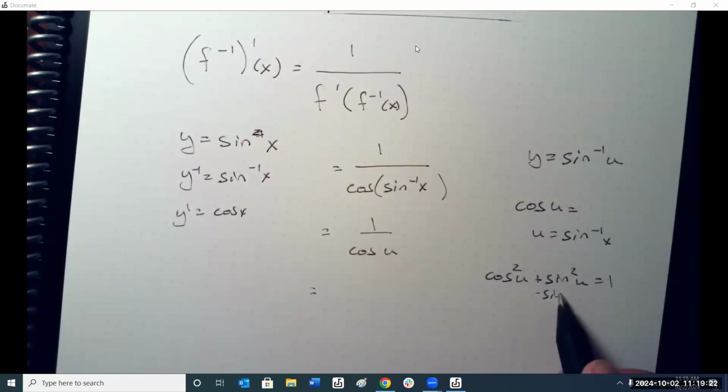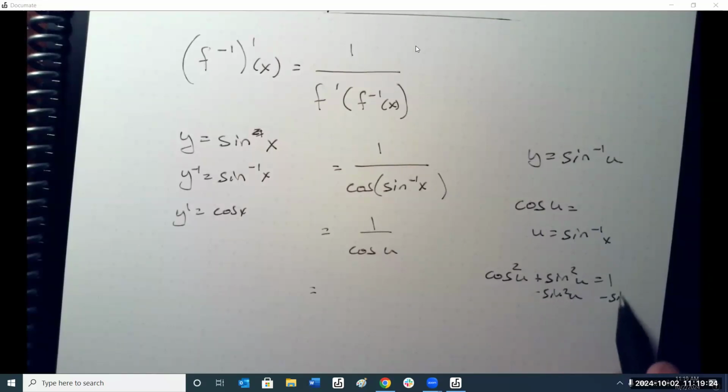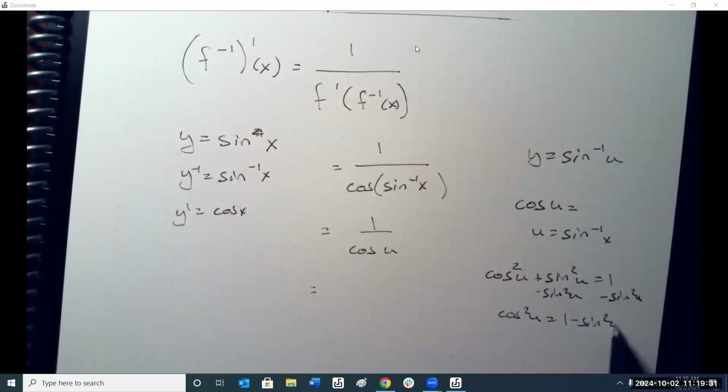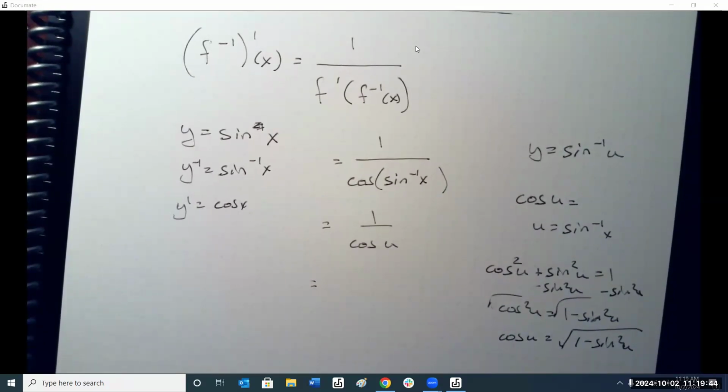Subtract sine squared. So we have cosine squared u equals 1 minus sine squared u. Square root both sides. Cosine u is equal to the square root of 1 minus sine squared of u. Just using the basic identity.